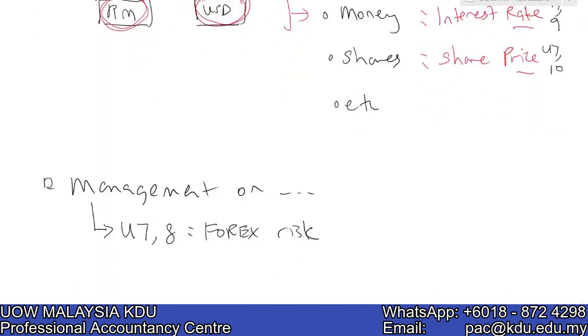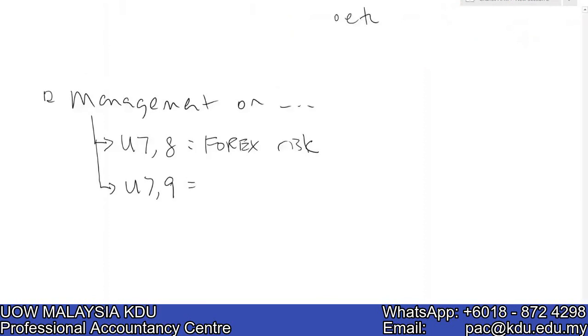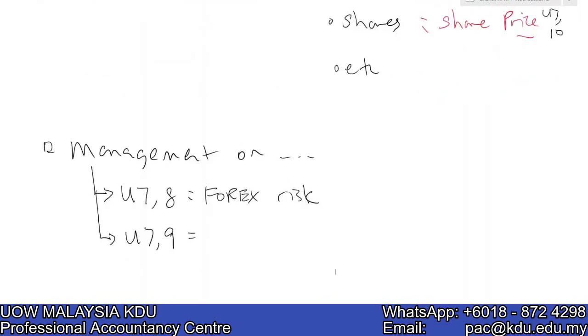Okay, and then of course the other thing that we will cover is in chapter 7 and 9, as I mentioned to you. What risk are we dealing with? The name of the price is interest rate, so we are touching on interest rate risk.